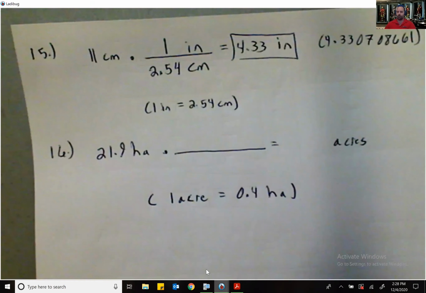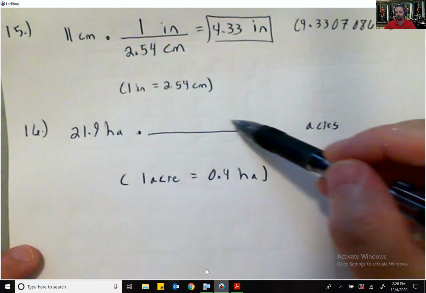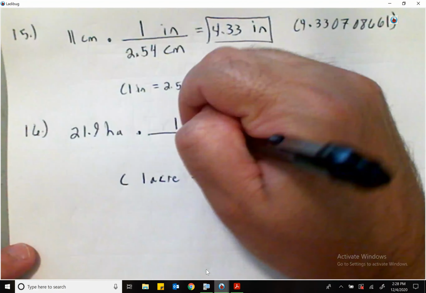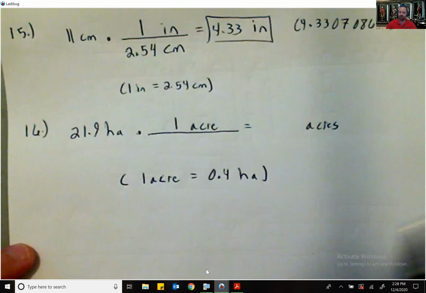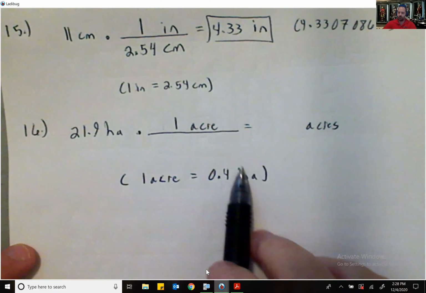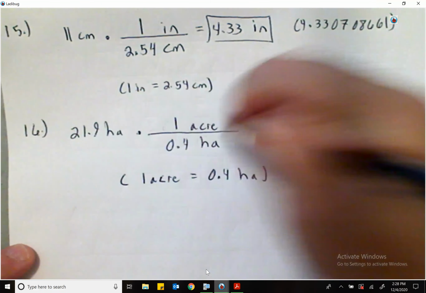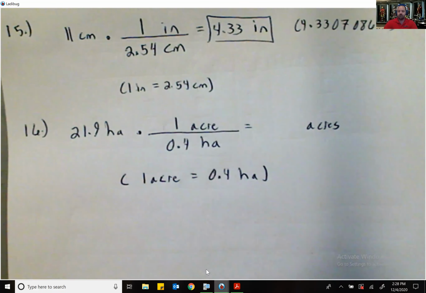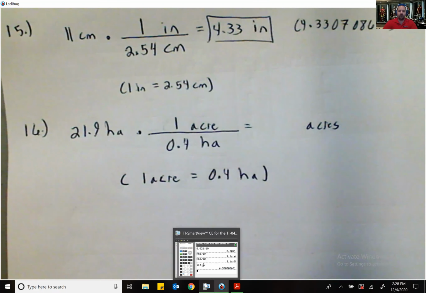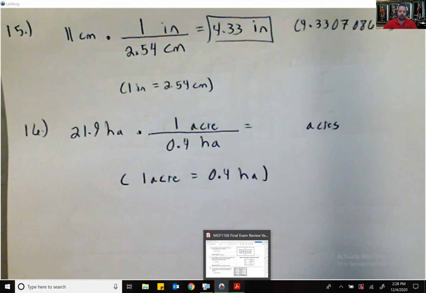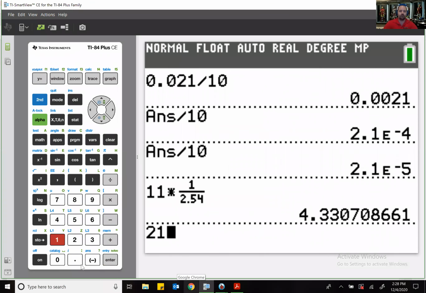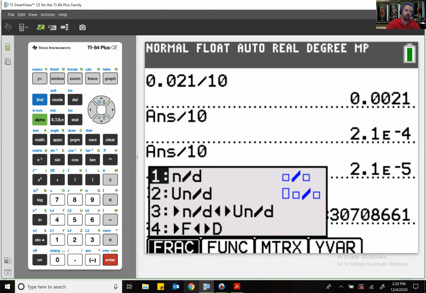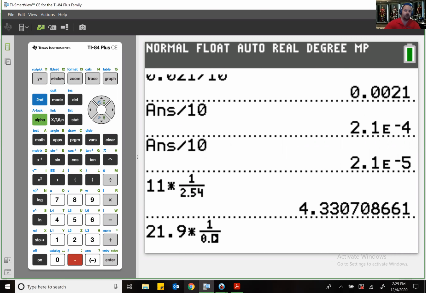All right. So what's on top then? 1, because we're getting rid of acres. And that means the 0.4 ha is in the denominator because we want to get rid of the ha. So we're going to take 21.9 and divide it by 0.4 or multiply it by 1 over 0.4. 21.9 times alpha y equals 1 over 0.4.